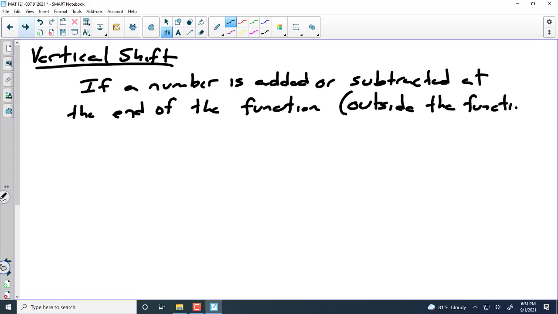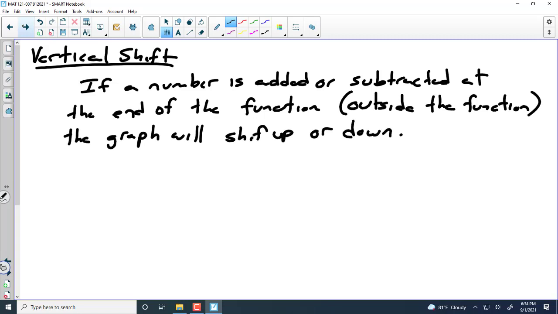That will make more sense as you see more examples. At the end or outside the function, the graph will shift up or down. That's how you shift a graph up or down.